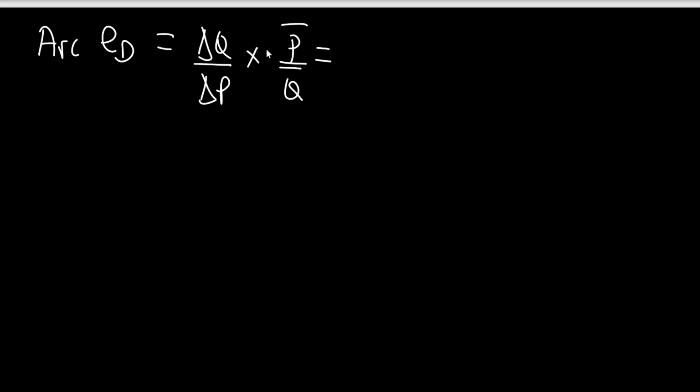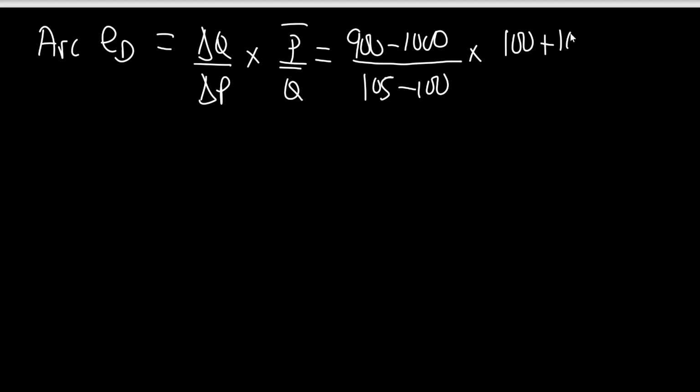The change in quantity, we said, is just the new quantity, which was 900, minus the old one, the original one, which was 1000, divided by the change in price, which was 105, the new one, minus the original one, which was 100, multiplied by the sum of the prices, 100 plus 105, divided by the sum of the quantities, which is 1000 plus 900, right?